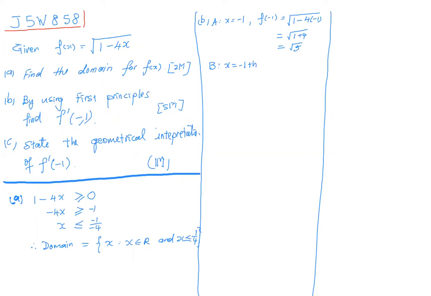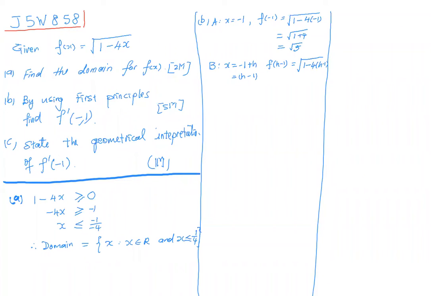And if you want, you can write this as h minus 1 to make life a bit more comfortable. Okay, so your f of h minus 1 will be square root of 1 minus 4 times (h minus 1).